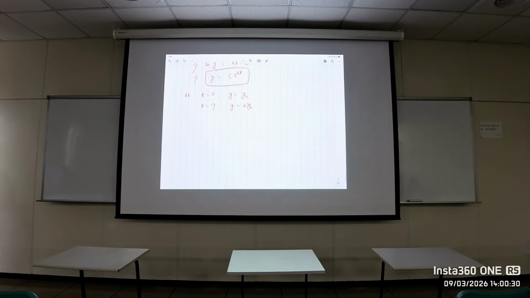And what I am supposed to calculate is, when t is equal to 14, 2 weeks means 14 days, then what is my y? And when t is equal to 28, what is my y?